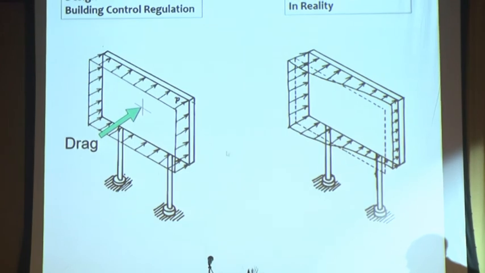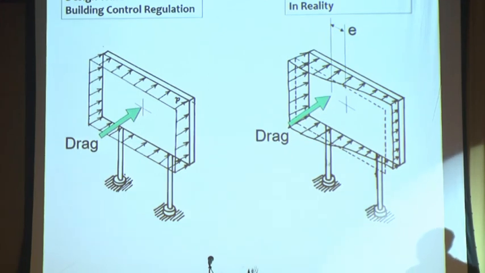In reality, it's non-uniform, and sometimes our drag force, the wind force, is shifted from the center. In this case, the two columns may share the load half-half. In this one, this single column may carry all the load. So you can see that if the wind load we use is not accurate, we may be in trouble. The building structure may collapse.